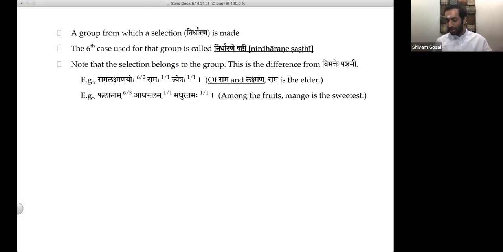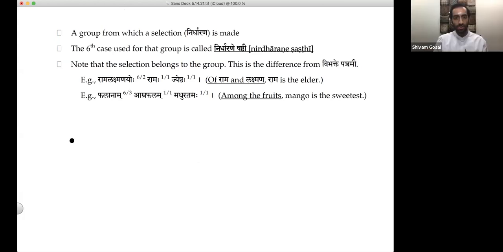Let's do an example of Nirdharane Shashti, and if we have time, we'll also do a short one for Sambandhe Shashti again. There are a few questions here. Hariprasad ji: Sir, can I say between Rama and Lakshmana, Rama is Jyeshta?